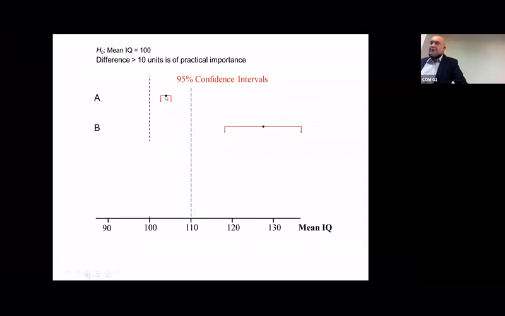So in order to get the 95% confidence interval, we had to multiply 1.96 by the standard error. So this point here is nearly 2 standard errors below the mean, and this point here is nearly 2, 1.96 standard errors above the mean.